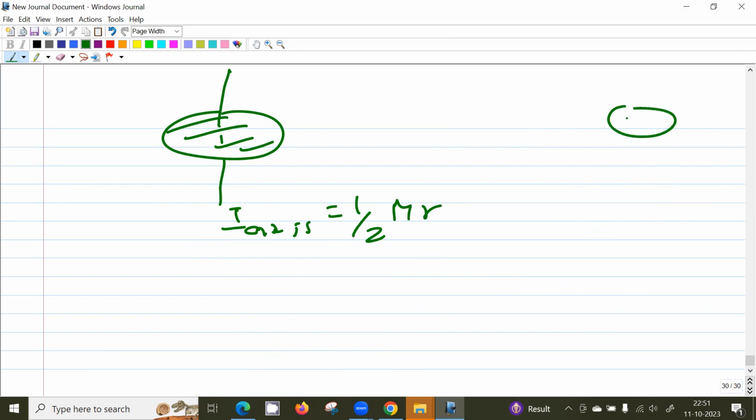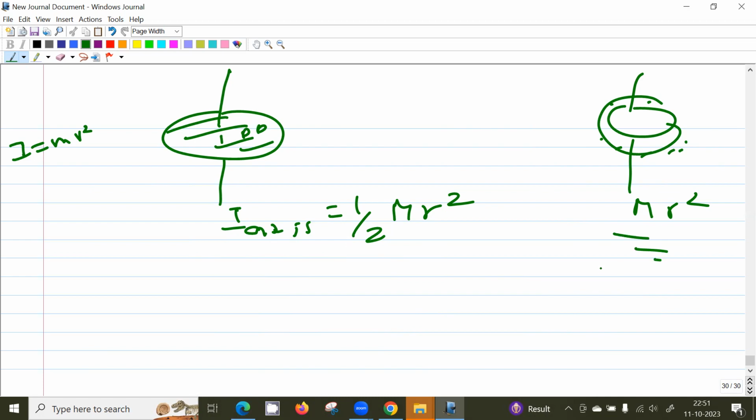For a ring, it is mr square about the axis, because here the mass is at a farther distance. I is nothing but the mass into the distance squared for a small mass. But here all the mass is at the larger distance of r, whereas in the disk some mass is nearby. So I of this disk will be less than the I of the ring. And the disk factor is half.